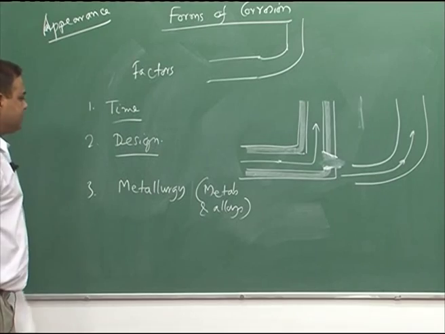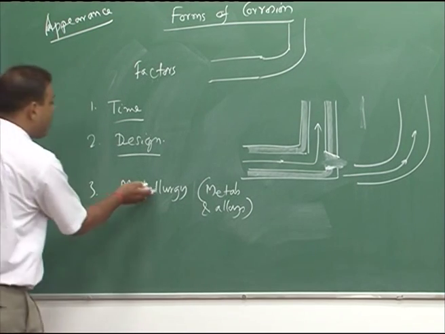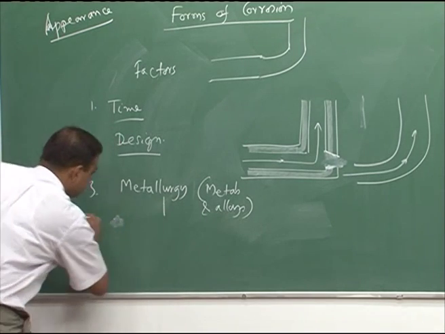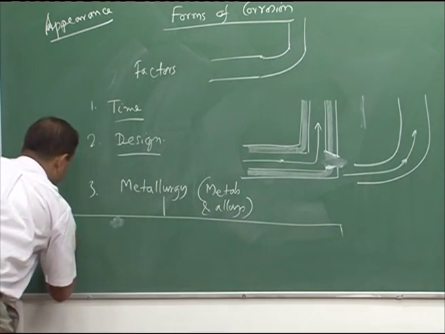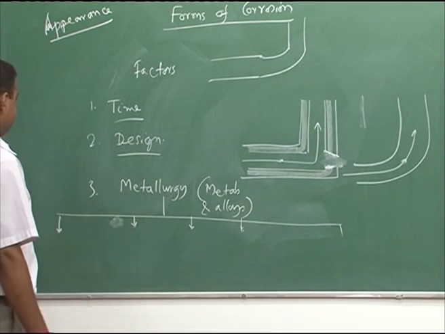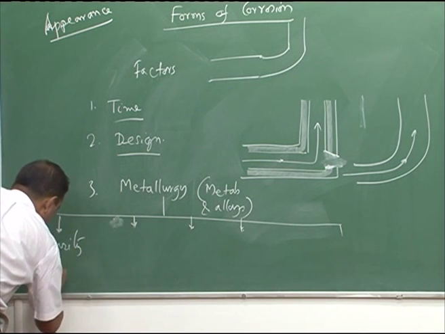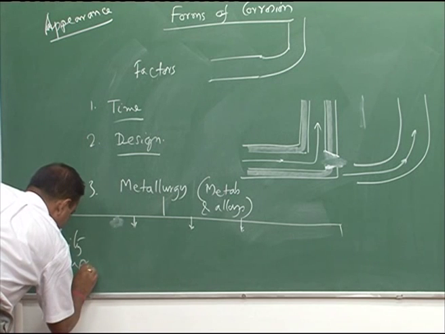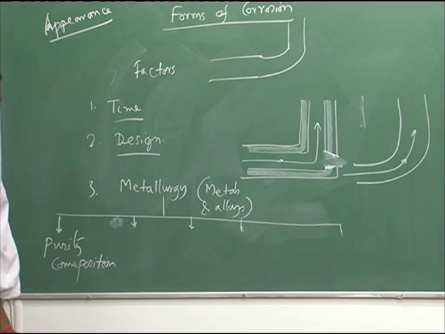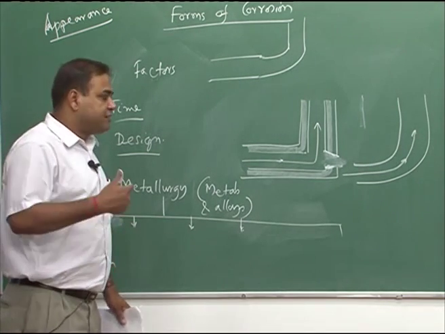The metallurgy has different subsections. This is an important factor. If you see the metallurgy head, there could be different sections. One is of course the purity or composition, the purity of the metal or the composition of the metal, that is a deciding factor.